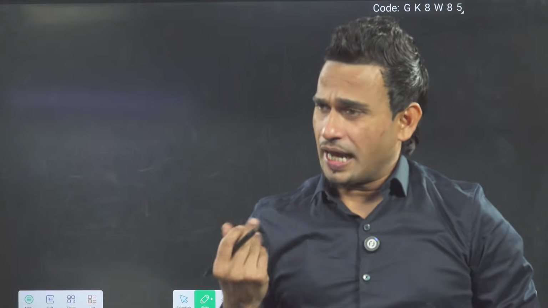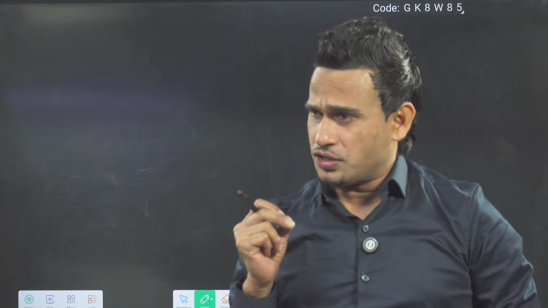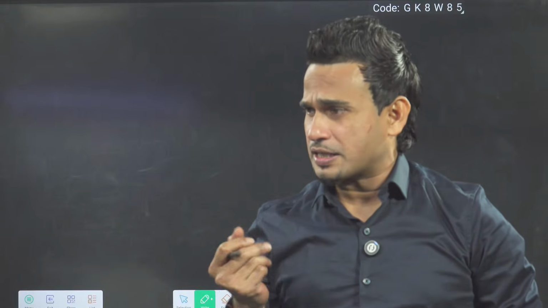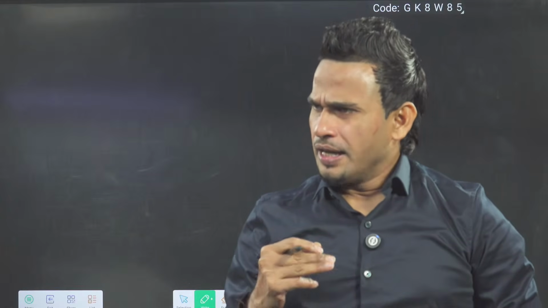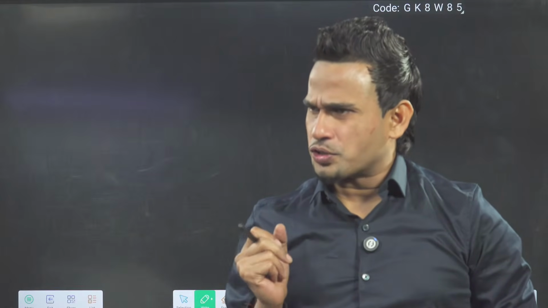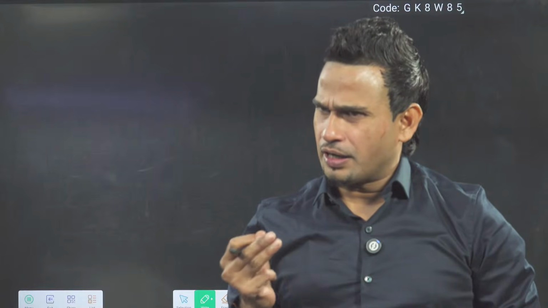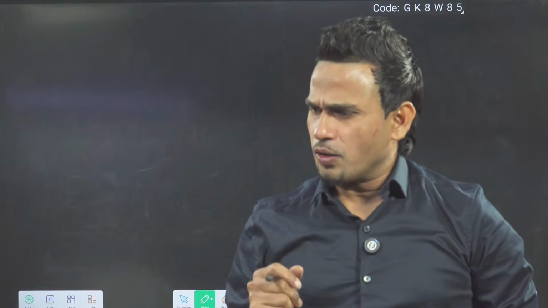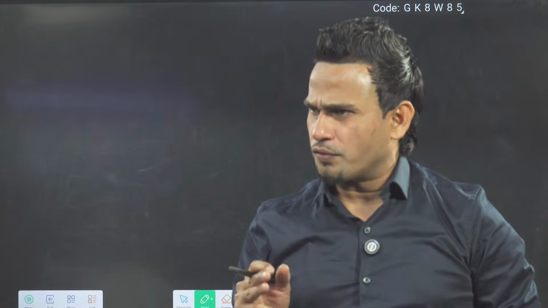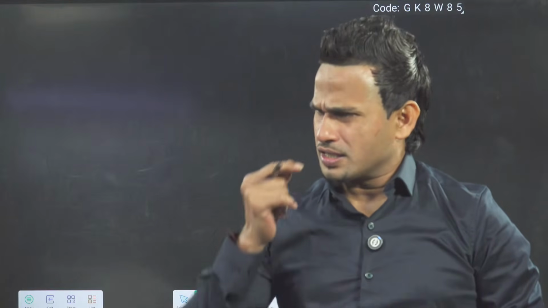Then we studied time of flight will come u by g plus under root of 2 h max by g. H max will come h plus u square by 2g. Final velocity on reaching ground will come under root of 2g h max. So all these things we did in last class.